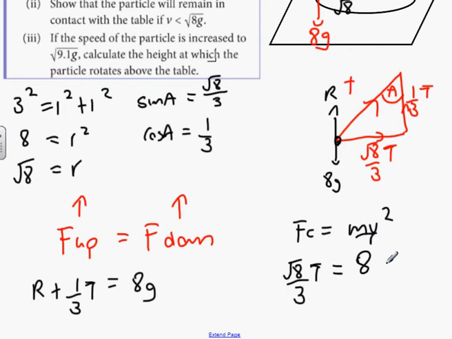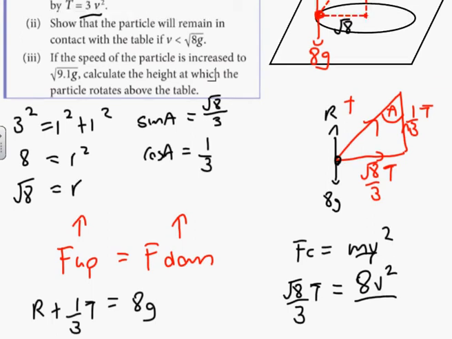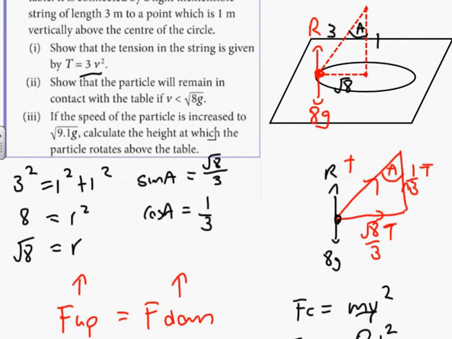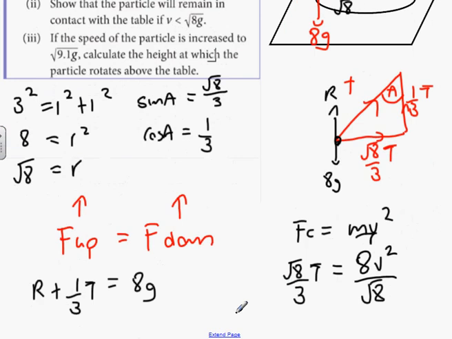Forgot about the r. What's our radius, guys? Over root 8. And we want to prove that T equals 3v squared.